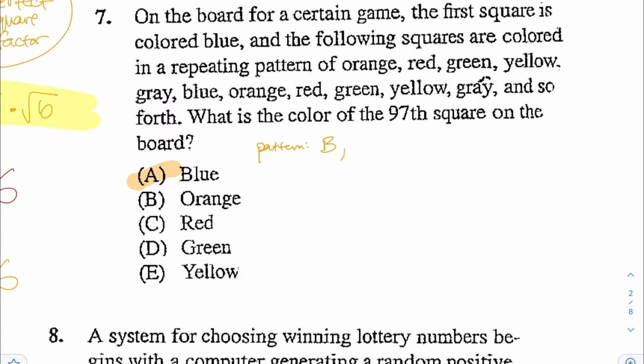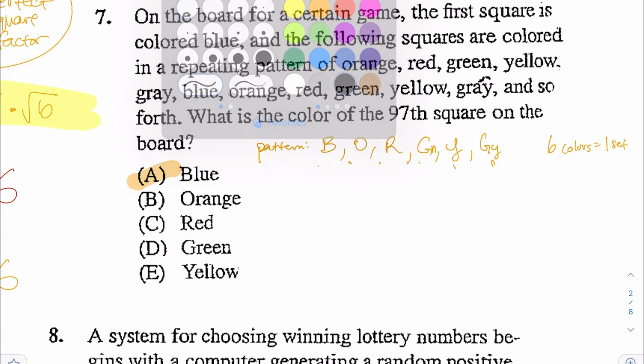So it's blue, then orange, red, green, yellow, and then gray. And then it repeats: blue, orange, red, green, yellow, gray, etc., etc. So it repeats after every 6. So one set is equal to 6 colors.